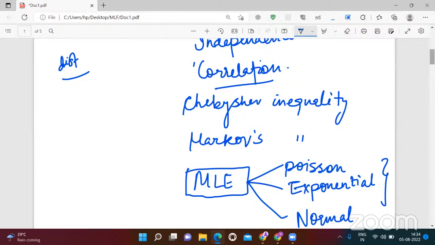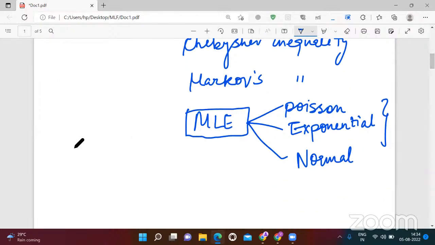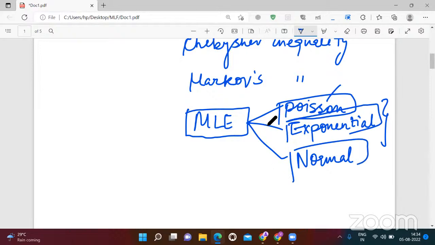This is also important: MLE problems, maximum likelihood problems, from the Poisson. What you can do is remember how generally you estimate the parameter for the Poisson, for the exponential, and for the normal. You can remember these three distributions, because there won't be any formula given regarding that. For example, we generally estimate lambda for the Poisson distribution.